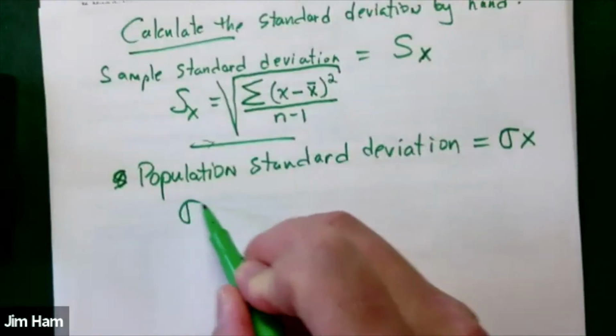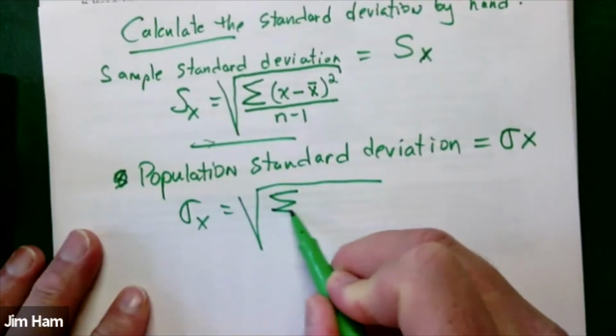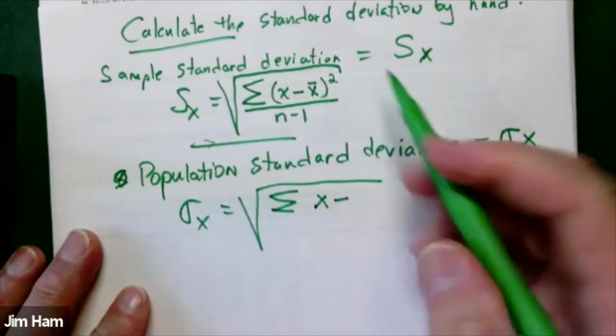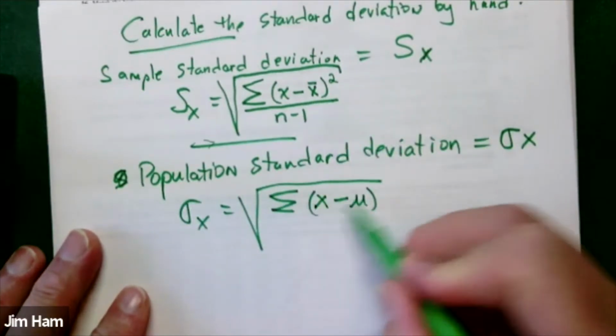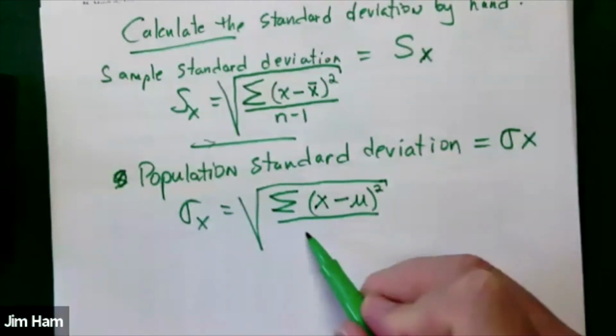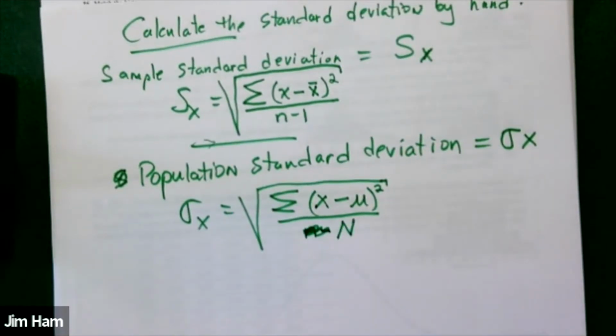The formula is very similar. We're going to sum up all the squared deviations, but instead of subtracting from the sample mean, we're going to subtract from the population mean. There's no difference in the way that we calculate the mean. And then instead of dividing by one less than the sample size, we're going to divide by the population size.